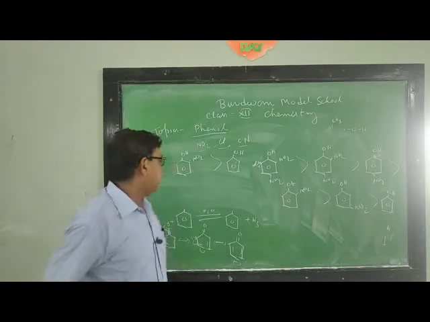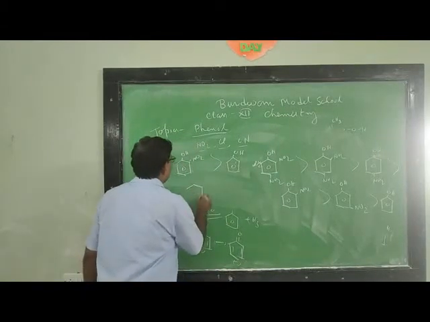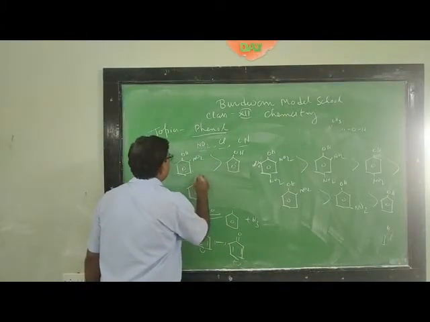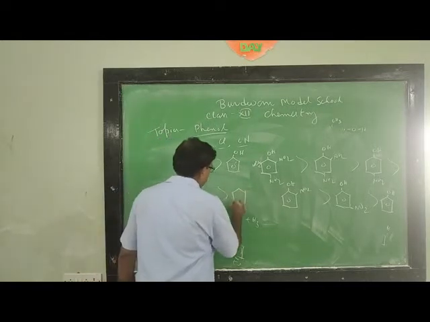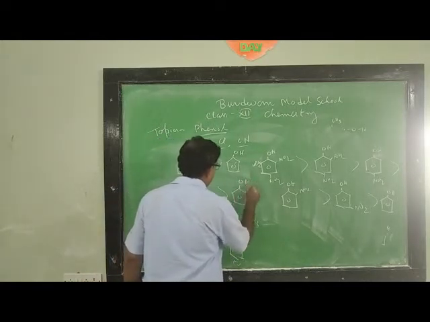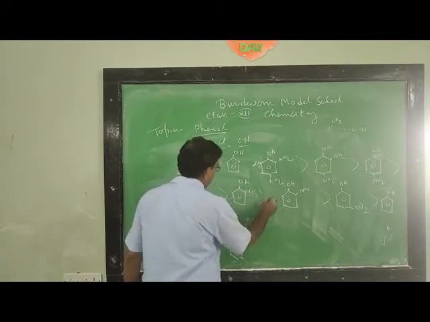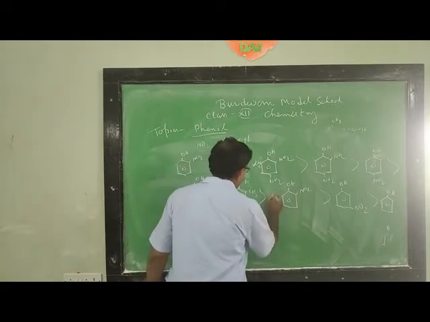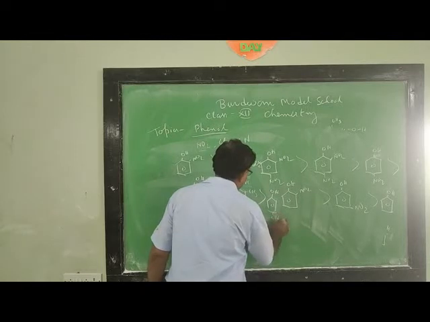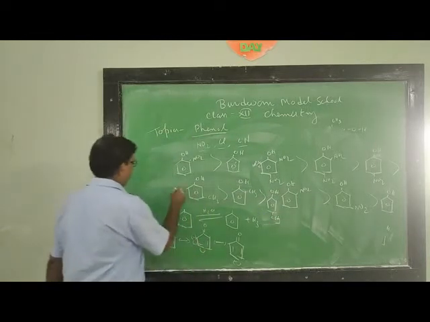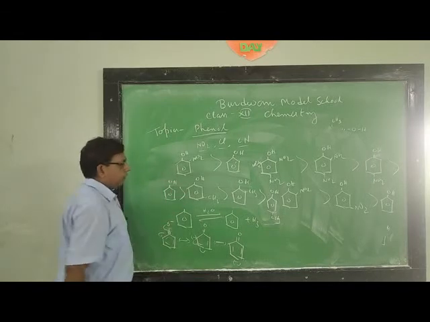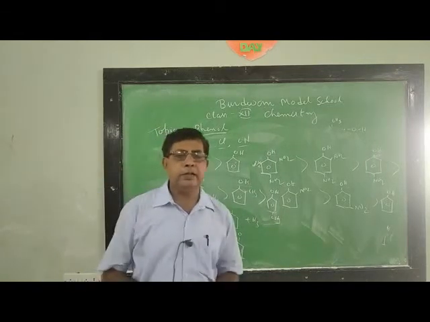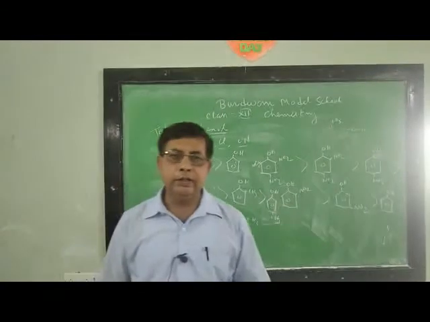So meta-cresol will be more acidic than para-cresol, then ortho-cresol, and all these are less acidic than phenol. So this will be the order of acidic character when electron releasing groups are present.